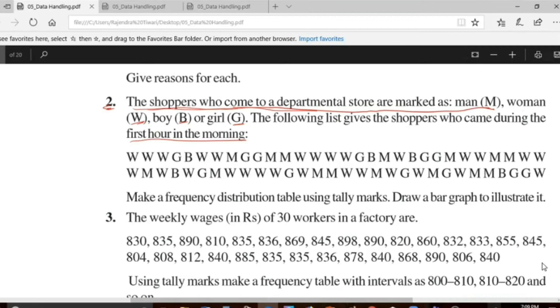In this question we are given some customers: men, women, boys, and girls. First we make a frequency distribution table using tally marks. So we can use tally marks and draw the frequency distribution table. In this area we can write customers.